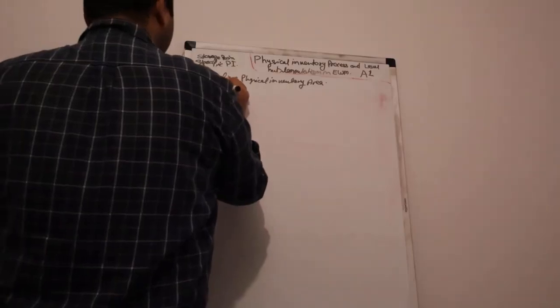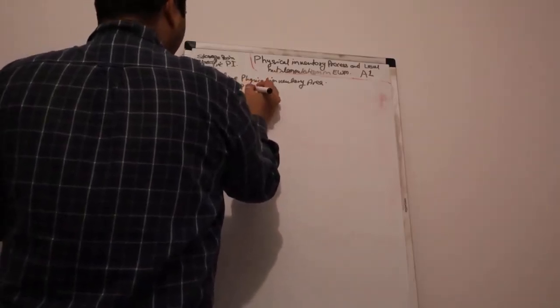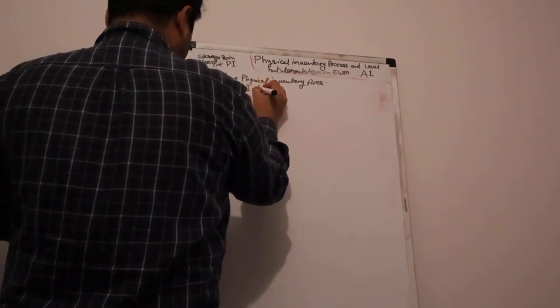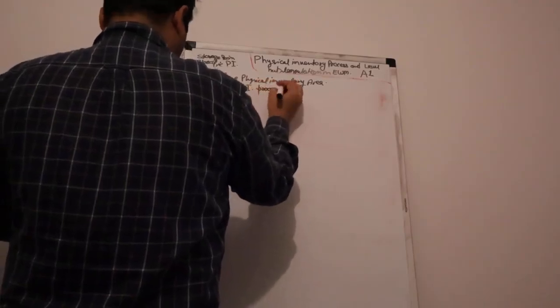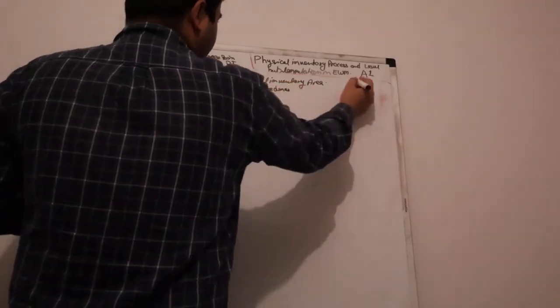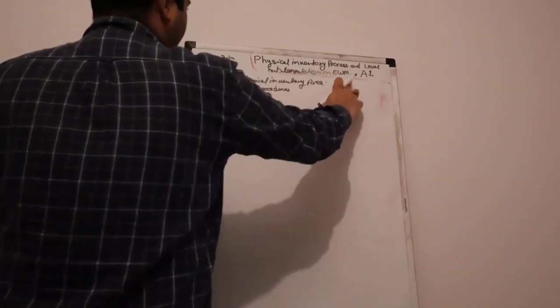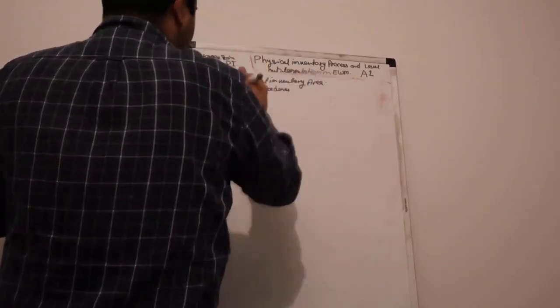Second, assign physical inventory procedures. Because in the beginning I explained the procedure, then define. So we need to do the linkage here.